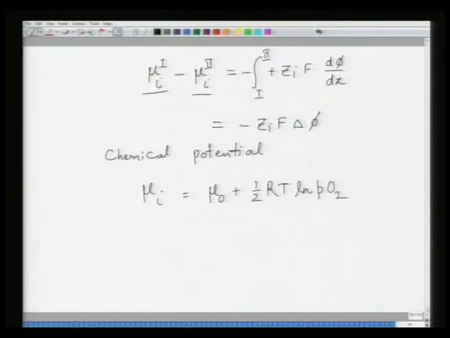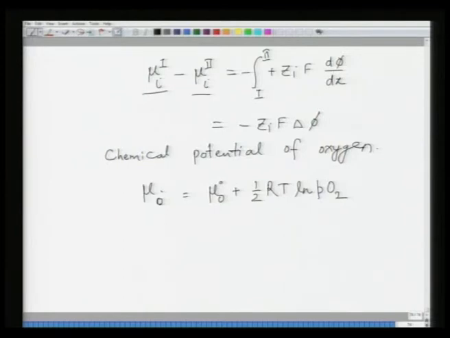Since I am considering oxygen here, chemical potential gradient of oxygen, let us say this would be mu O naught, because the ith species I have taken as oxygen here.